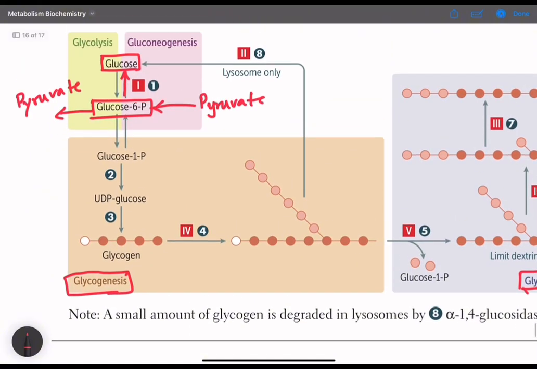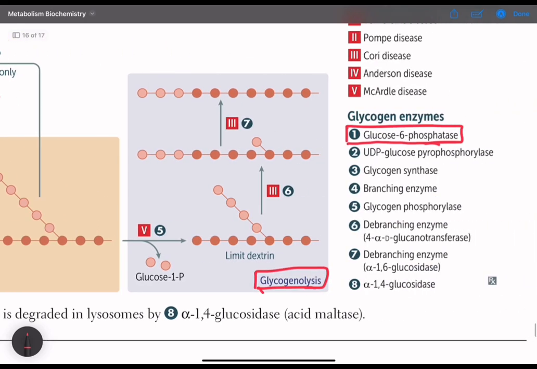Now, for glycogenesis, glucose 6-phosphate is converted into glucose 1-phosphate, and from there, glucose 1-phosphate is converted into UDP glucose using UTP, uridine triphosphate. The enzyme that performs this is UDP glucose pyrophosphorylase.